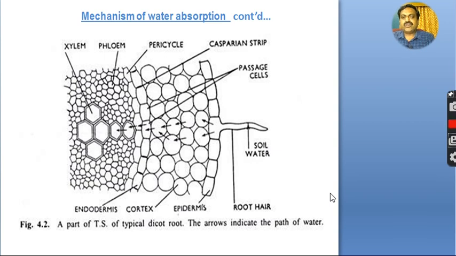This is the structure of a root hair, a cross-sectional or transverse section of a root, where it shows a unicellular extension in some cells of the epidermis, which is referred to as a root hair. Below the epidermis are the cortical cells made up of parenchyma, loosely arranged showing intercellular spaces.